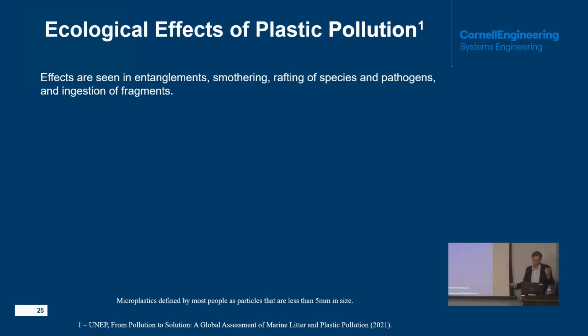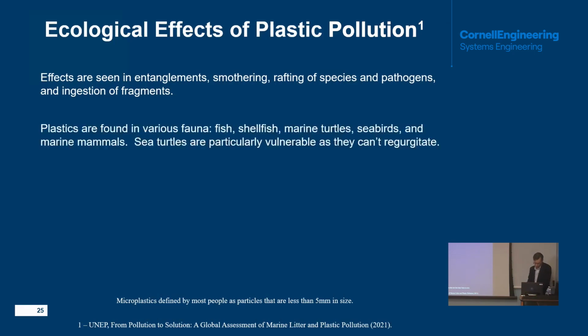So you could actually have something become invasive in a new location because of that. But also just the ingestion of fragments, so little bits of micro or nanoplastic. They've been found in various fauna, right? All sorts of types. And the turtles are particularly vulnerable because they can't regurgitate.